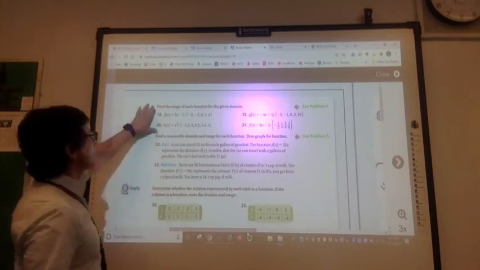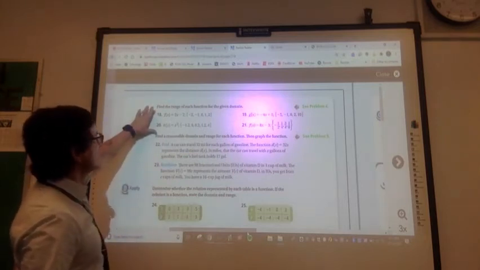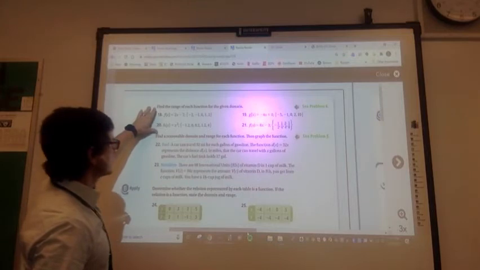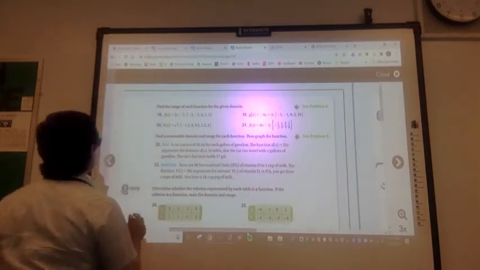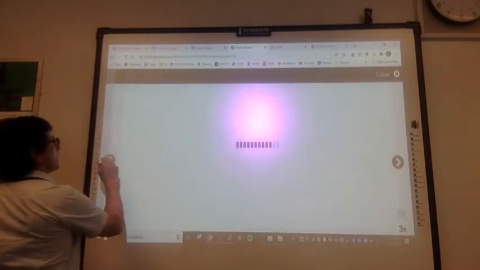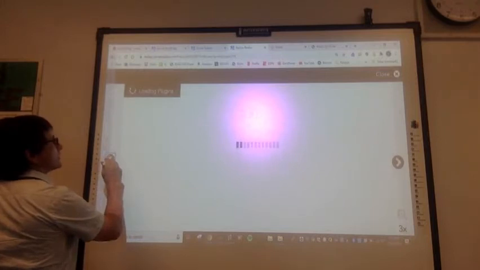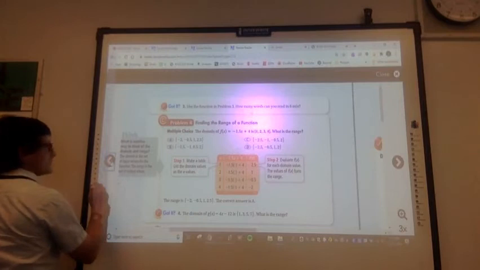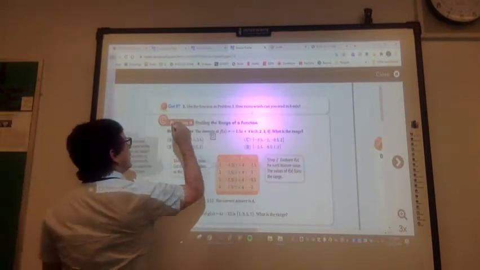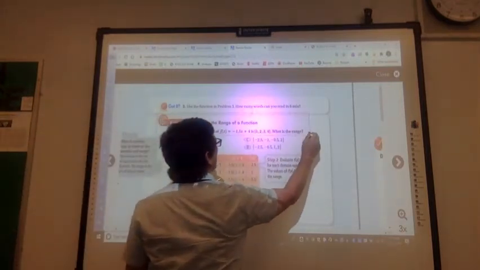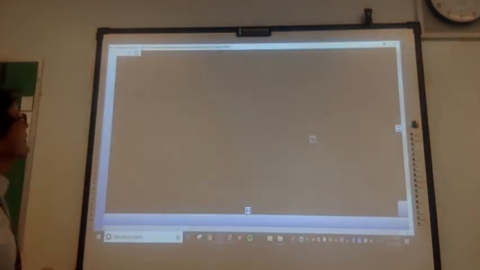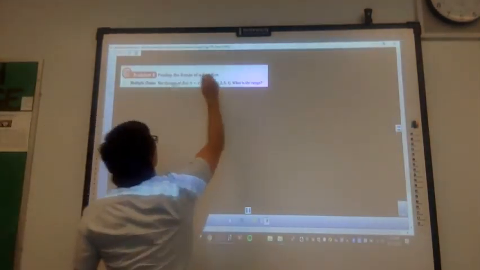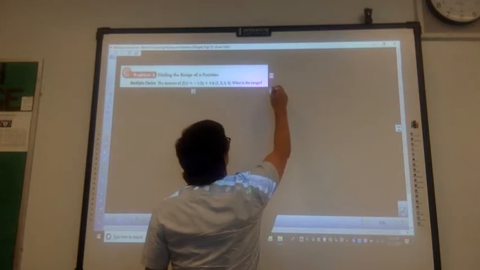So we've done problems like 18, 19, 20, and 21 before, but let me get to an example like that. So problem 4, here's a good example. Problem 4 here asks us to find the range of a function.